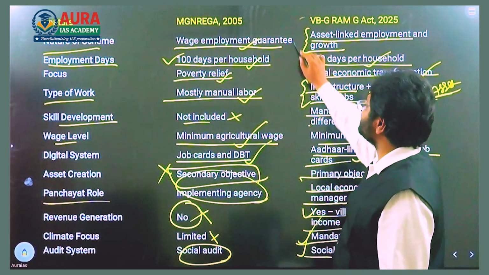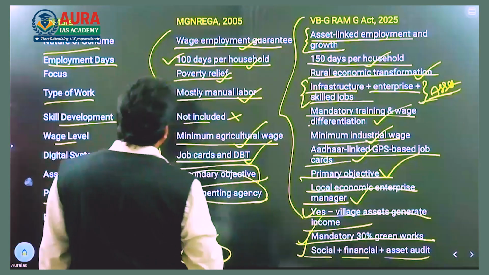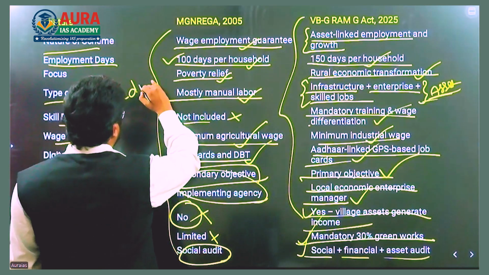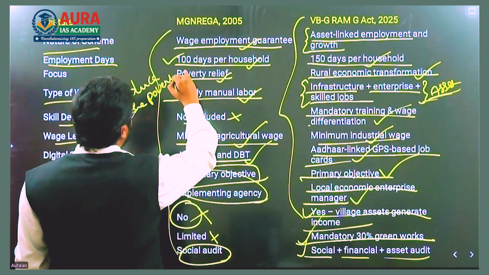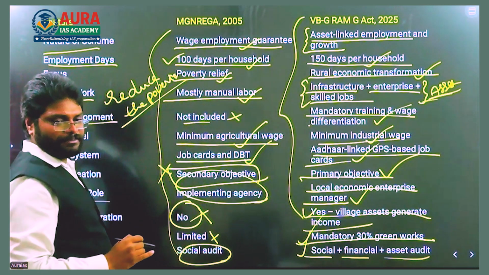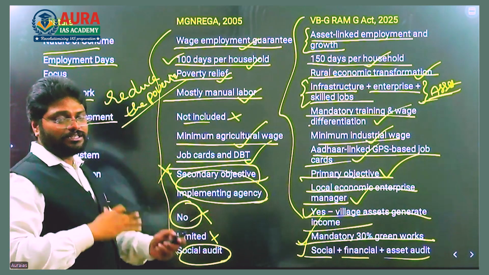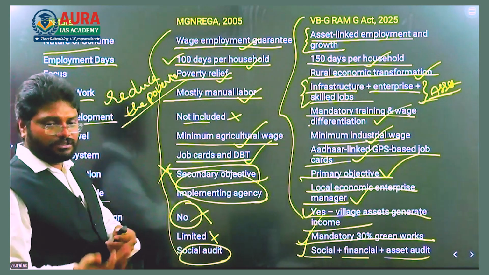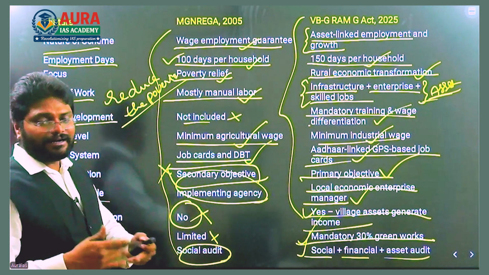So this might be suitable to reduce poverty. Poverty is generally present in illiterate and unskilled people. But in the 21st century, almost two decades have gone and we are in the third decade.